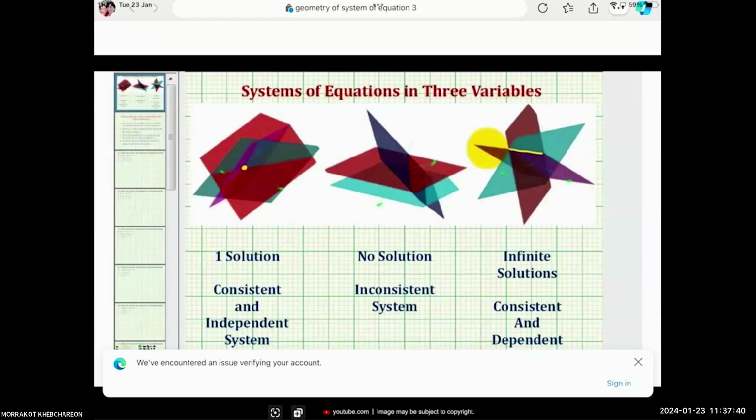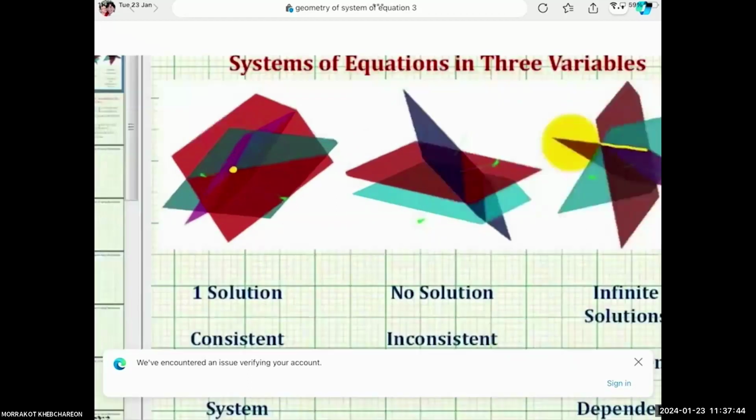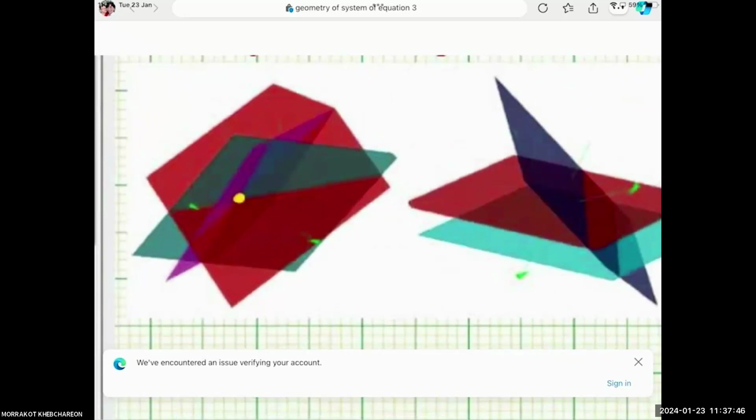But the thing that I want to say here, going from this line and plane, is that if I have four unknowns, we cannot visualize the solution.